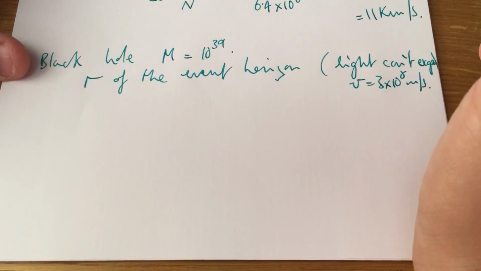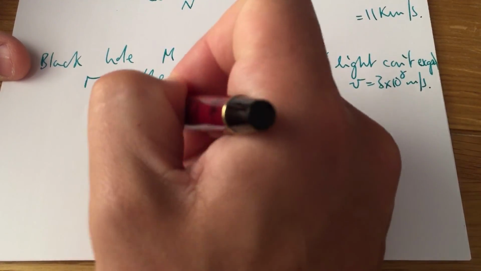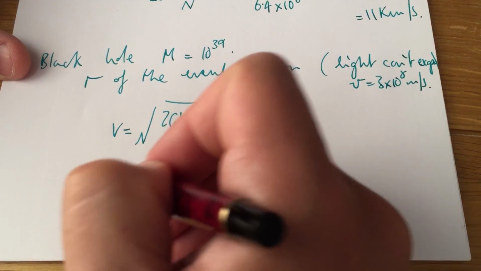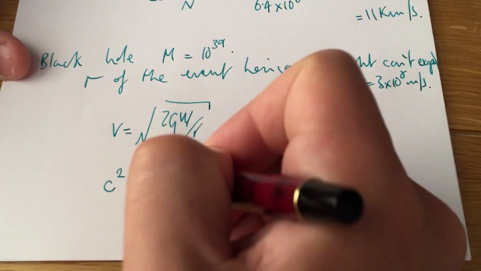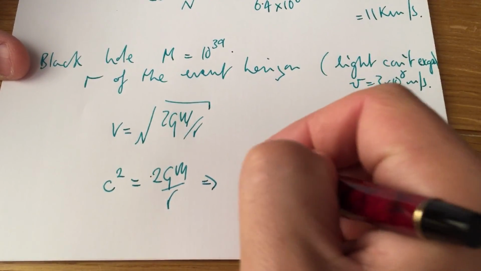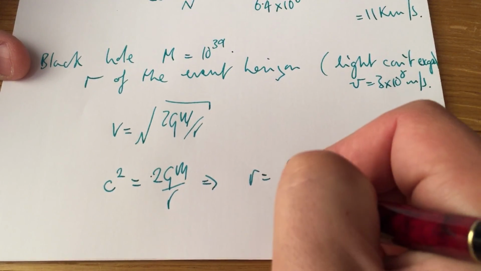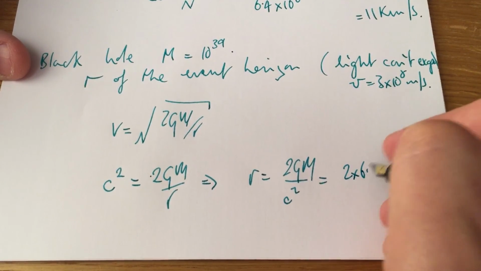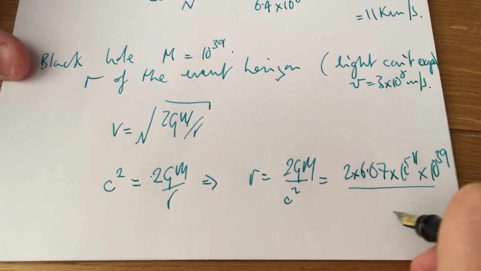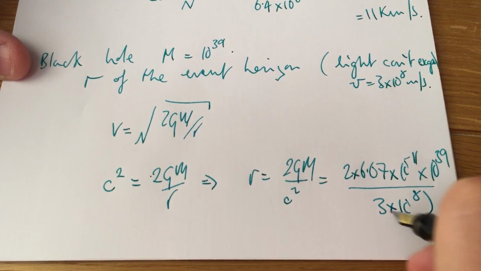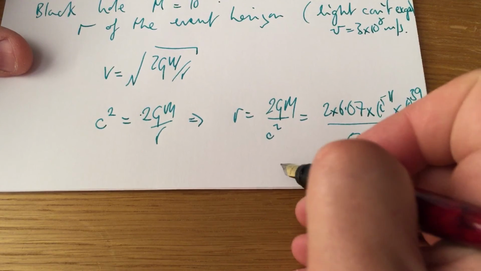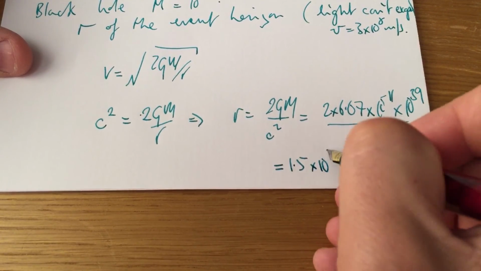So if you think you know the answer, hit pause. Otherwise, here we go. V is root 2GM over r. This becomes c, so c squared is 2GM over r, so we get r is 2GM over c squared: 2 times 6.67 times 10 to the minus 11, times 10 to the 39, supermassive black hole, over 3 times 10 to the 8 squared, and that gives us something in the order of 1.5 times 10 to the 12 meters.